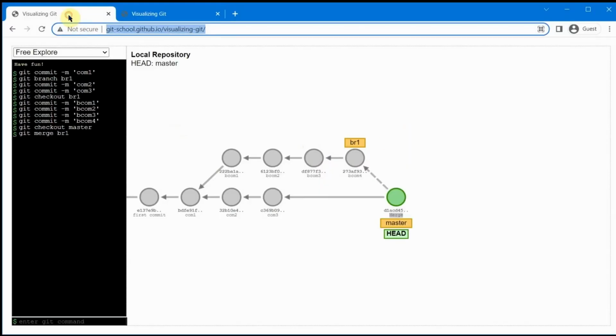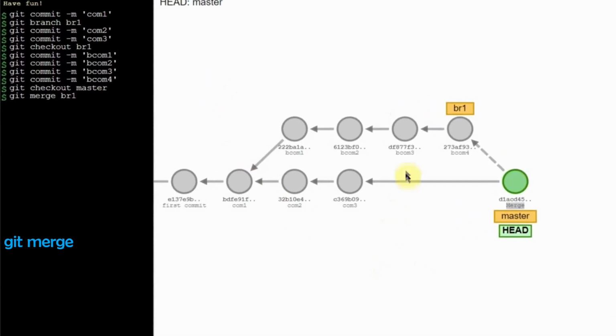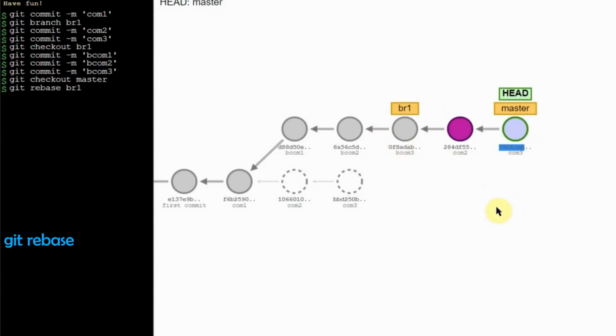Now, if I come to the merge option here, you don't lose any of the old commits. All the old commits stay the same in your history. But in case of the rebase, it got changed. The master branch's commit IDs got changed into new ones. That's the difference between the rebase option and the merge option.